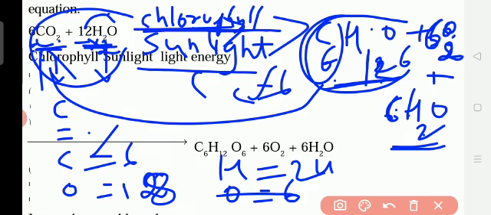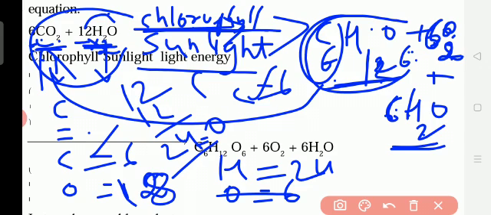Then oxygen in the product: 6 into 2, 12, plus 12 in the water, altogether 24 oxygen. And on the reactant side, 6 into 2, 12, plus 6 and 6, altogether 24 oxygens.